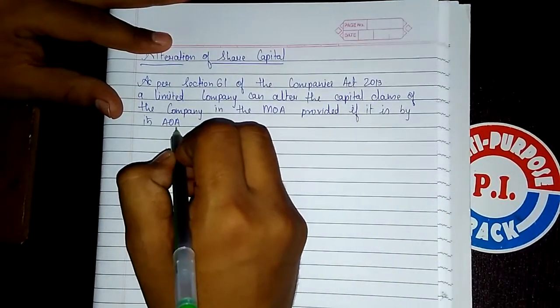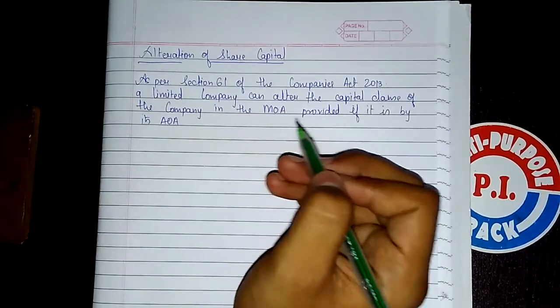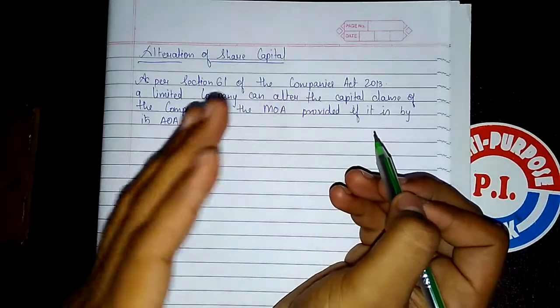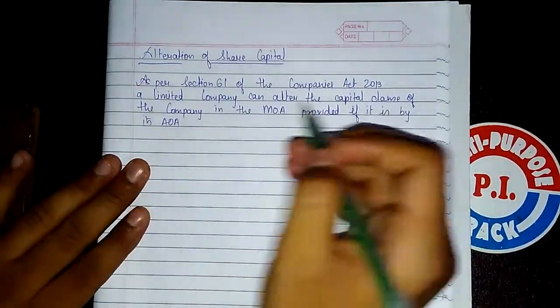AOA stands for Articles of Association. We'll come to know MOA and AOA if you have studied law. If you have not studied, please read it. You will understand what MOA and AOA mean.